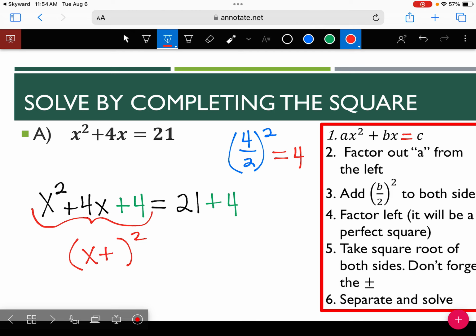So this factors down to x plus 2 squared. Because A is 1, we don't have to make a box. Our two numbers that multiply to 4 and add to 4 would be plus 2. And that's going to equal, now what is 21 plus 4? 25. So now we're down to step 5, which is take the square root of both sides and don't forget the plus minus. So let's take the square root.